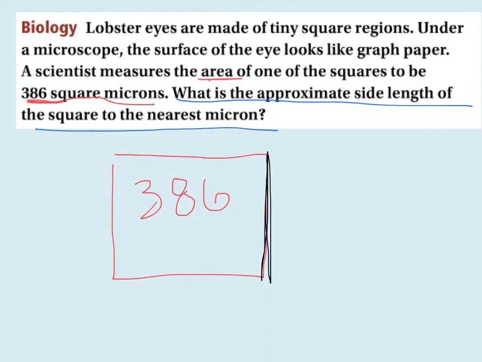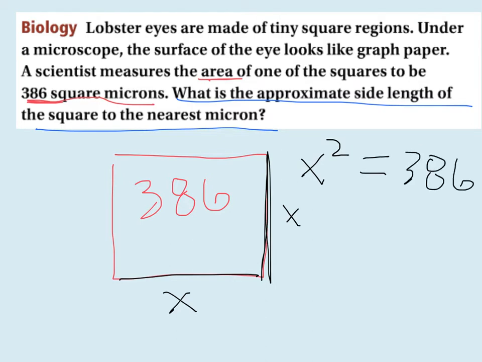So if you remember from your 6th grade math, I believe, to find the area of a square, you would do a number squared. So in this case, let's say this side length is x, this side length is x, and that's equal to 386. So it's asking me what is the side length, so basically what is x?